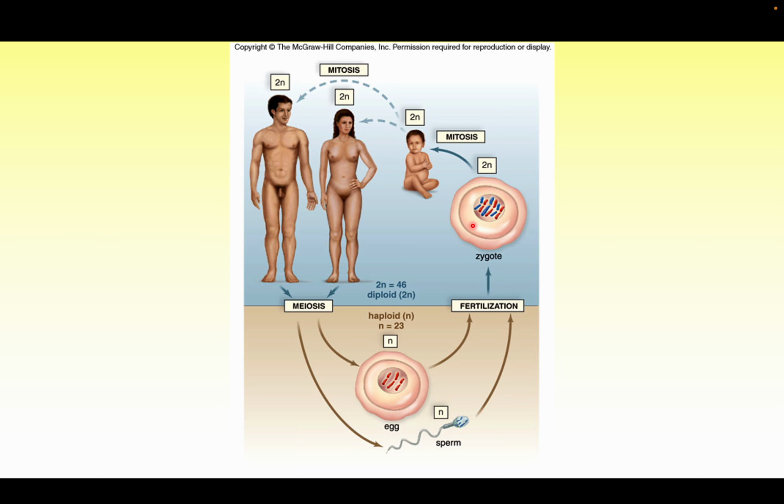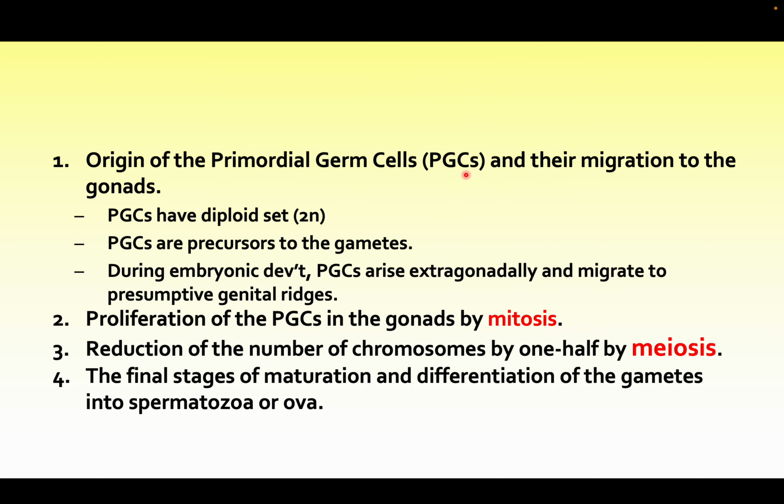Okay, now a few things before we talk about spermatogenesis and oogenesis. Our sex cells originate from what we call PGCs, primordial germ cells.